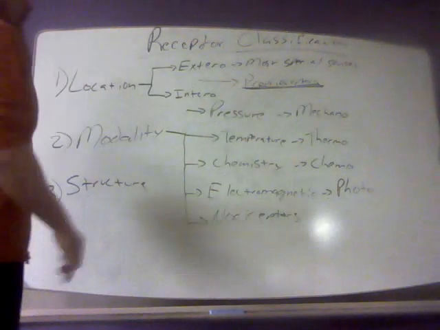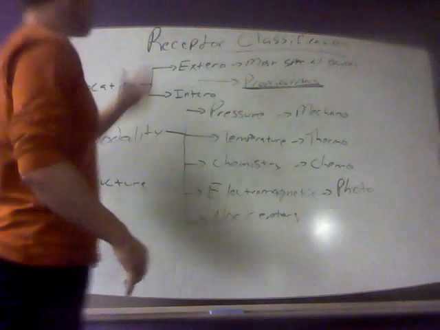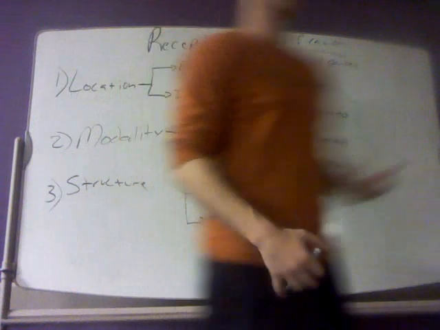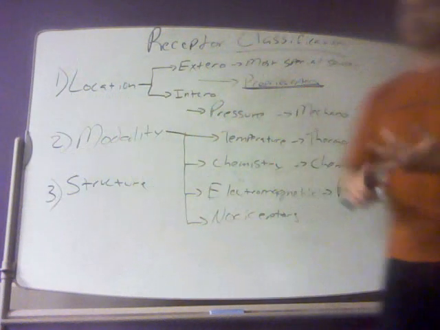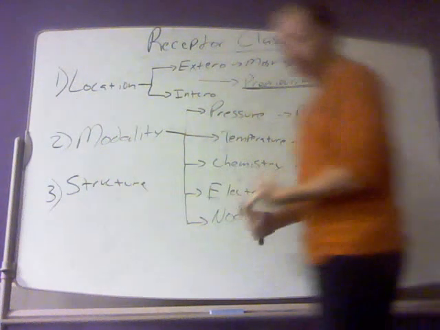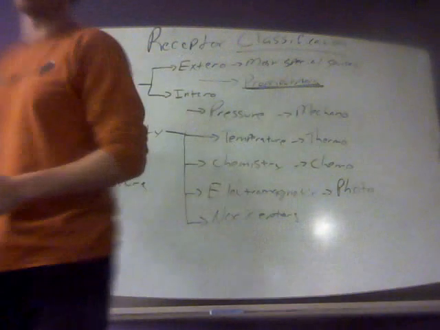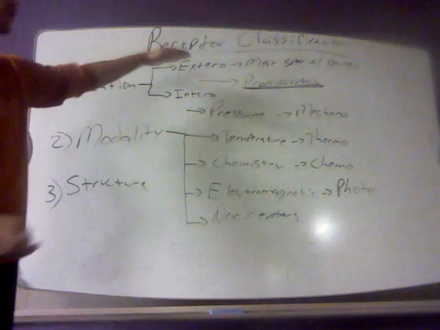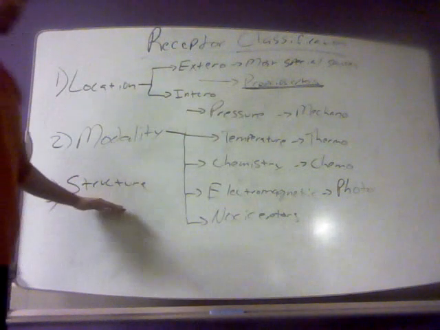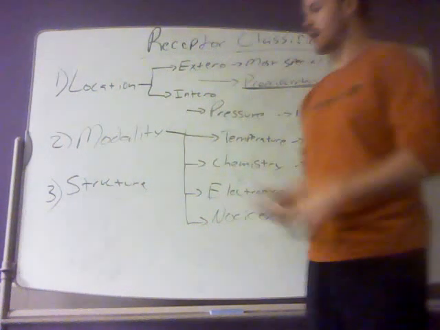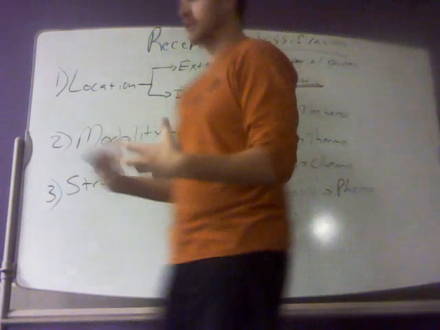All right. And these exteroceptors are what you think of as your special senses, like taste, smell, sight, and hearing. The organs involved with the special senses are structurally very complex organs. These are receptors embedded within lots of different types of tissue.